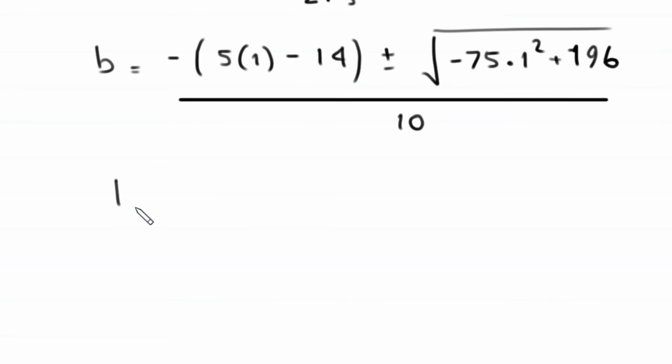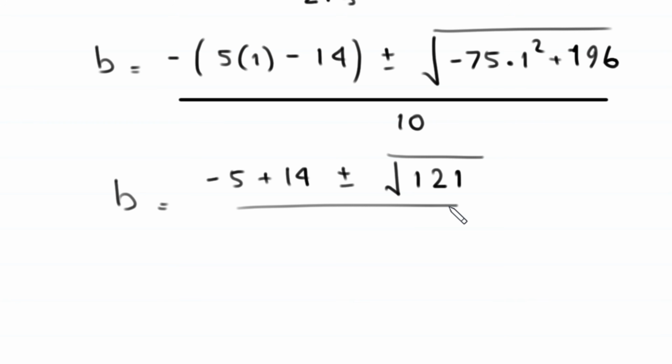Further simplify, this will become b is equal to negative 5 plus 14 plus or minus the square root of negative 75 plus 196 will become 121, divided by 10, and b will be equal to 9 plus minus root 121 is 11, divided by 10.